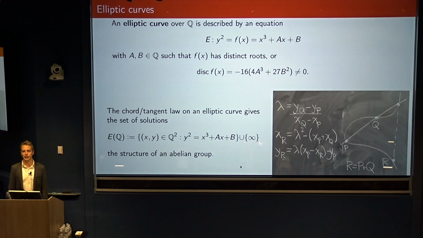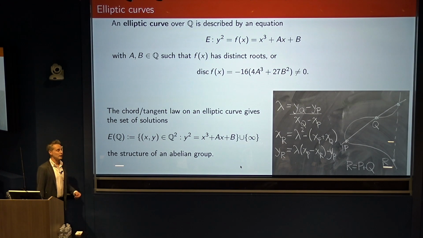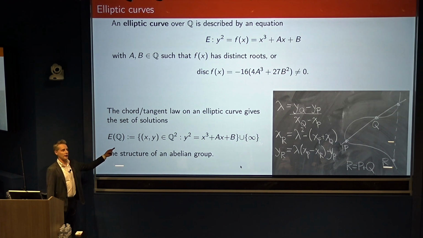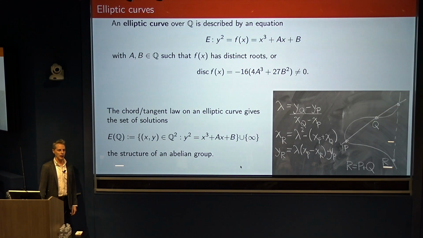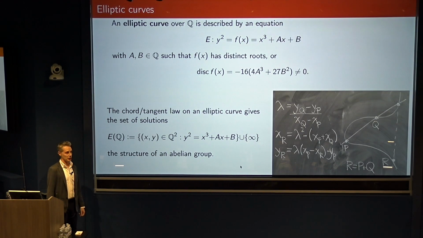Now, the main reason why elliptic curves are so interesting is that there's something called the chord tangent law on an elliptic curve. Primarily, we're going to be interested in the set of rational solutions or rational points on our elliptic curve. So the set of rational numbers x and y that when I substitute into the equation, I get 0, together with the points at infinity.